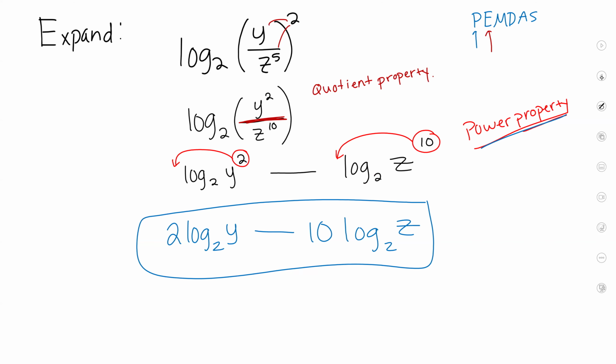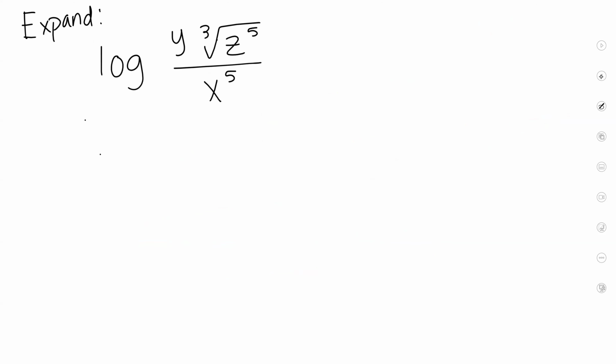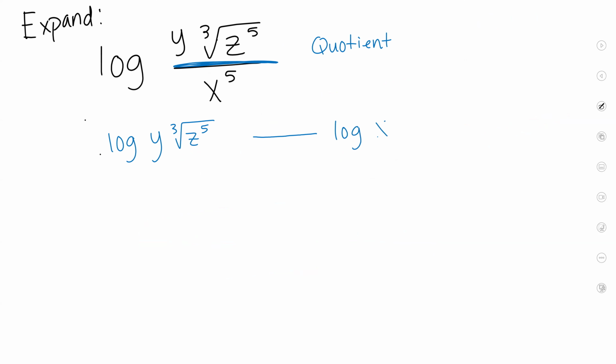Let's try another one. Okay. This is the quotient property. You have division, so we're going to use the quotient property. So I'm going to say log of y root z to the 5th minus everything that's in the bottom, log x to the 5th.